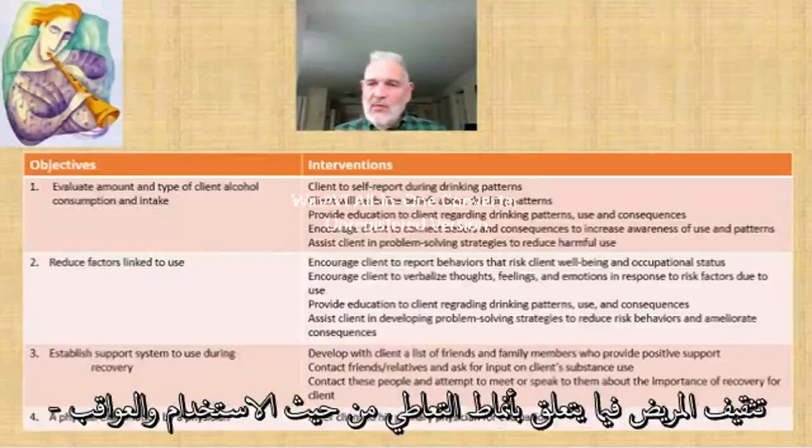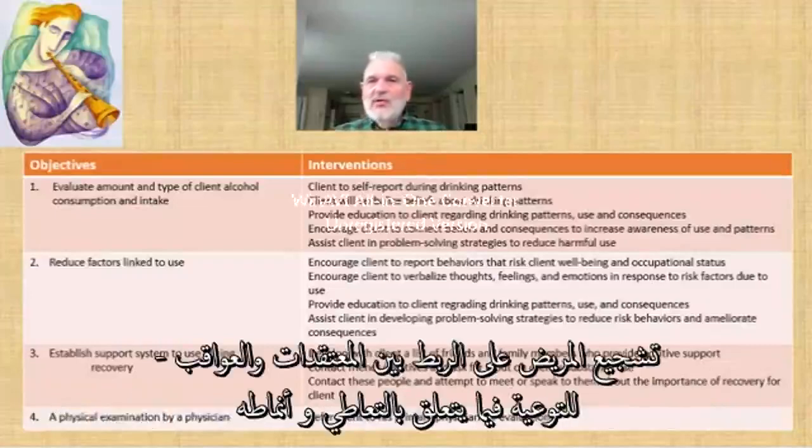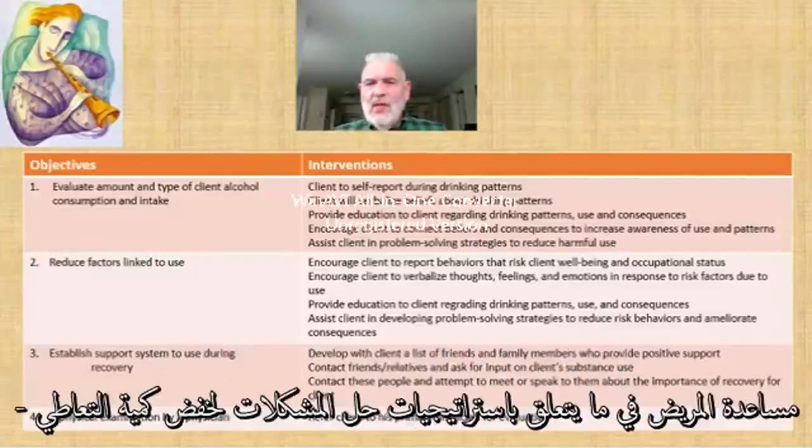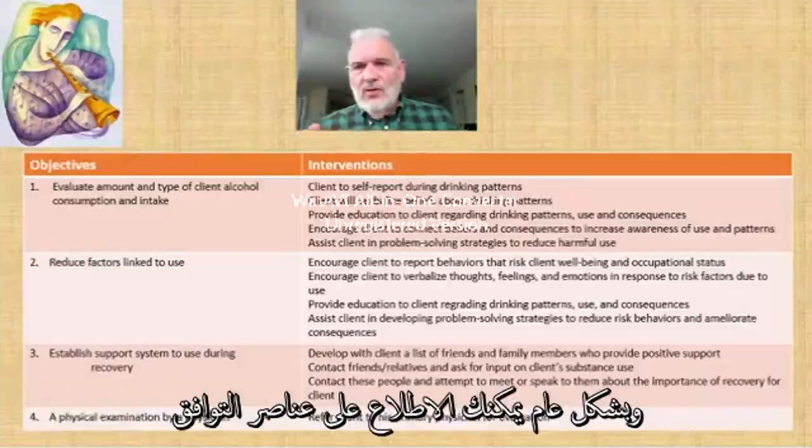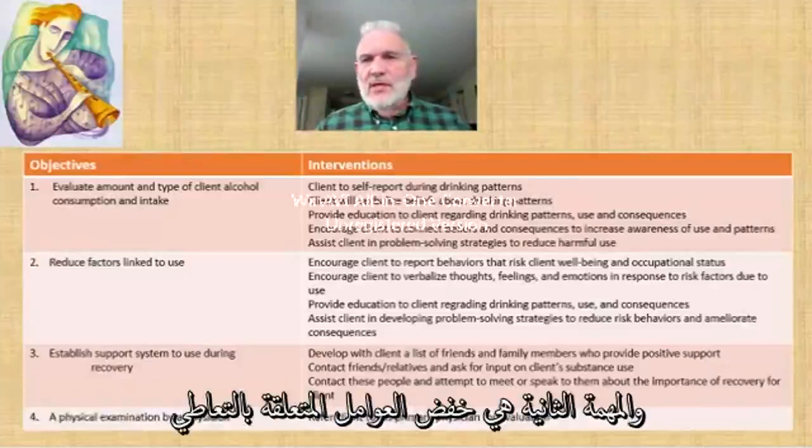So this could be a part of the coping element of looking at reasons for drinking and consequences. Encouraging the client to connect beliefs and consequences to increase awareness of use and patterns, and then assist the client in problem-solving strategies to reduce harmful use. So as part of that, you want to look at elements of coping, and then reduce factors linked to use.